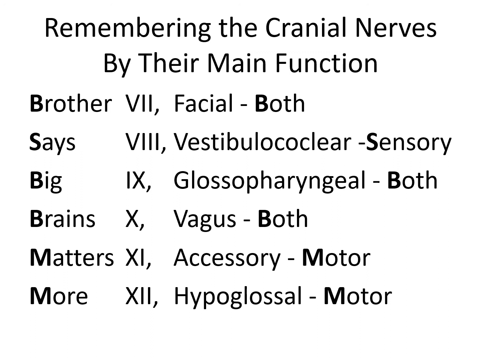Again, the first letter of the mnemonic refers to the functions. So we have both, sensory, both, motor, and motor. One way to remember these is to know the sensory and motor ones, and the other ones have to be both. There are different ways of learning them.